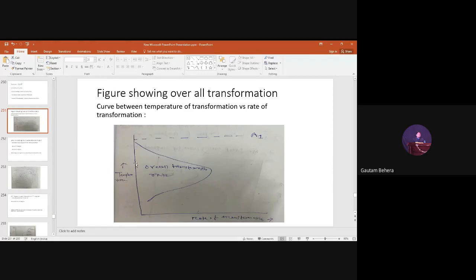If you are doing more undercooling below this A1, you can see the overall rate of transformation is increasing with decreasing temperature, that is, with increasing undercooling, right? So the rate of transformation increases with increasing undercooling initially.